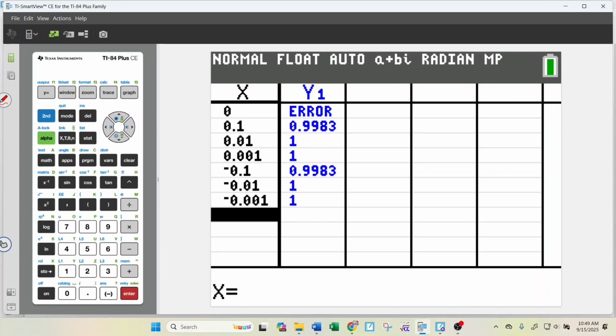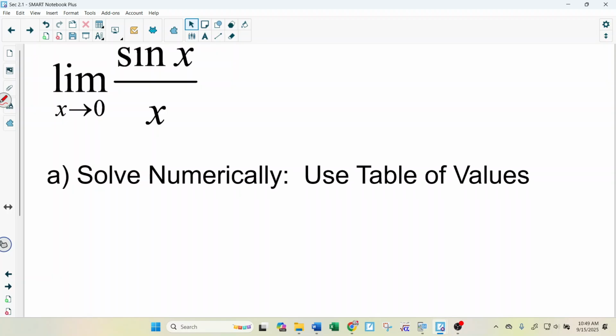And it appears the same thing's happening, right? From the left and the right. So we can say, from doing this, that this appears to be 1, just from doing numerical guessing using the table of values. Okay? All right.